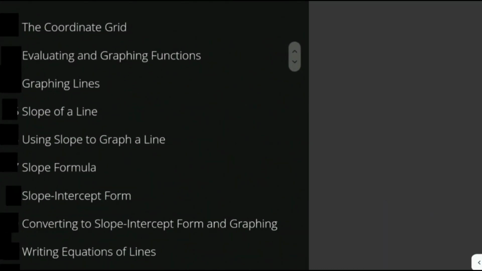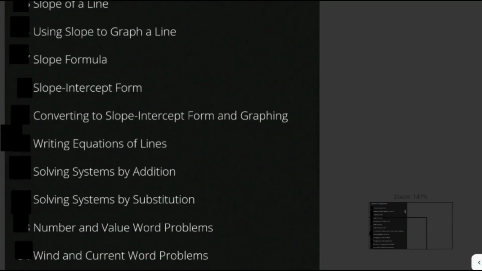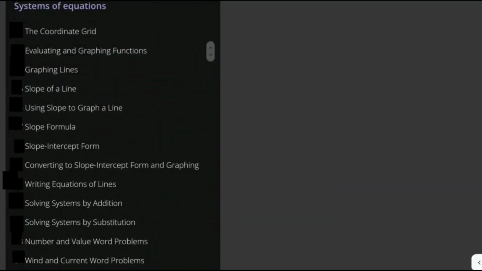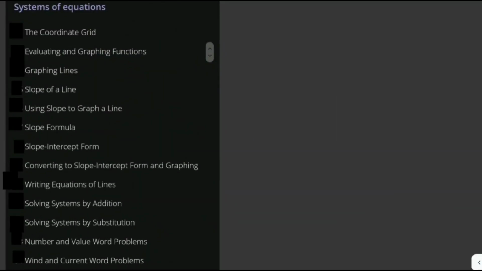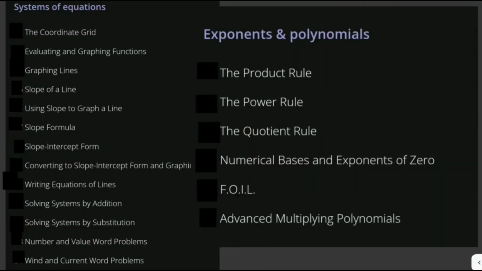These are the topics that you need to review under systems of equations. That includes graphing lines, slope of a line, slope formula, slope intercept, writing equations of lines, solving systems by addition and substitution, and number and value word problems, as well as wind and current word problems.